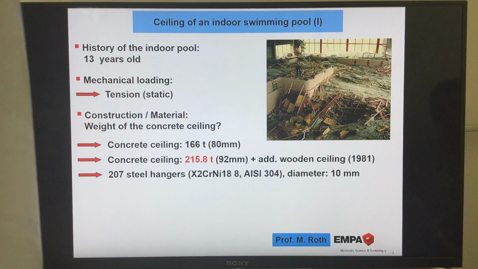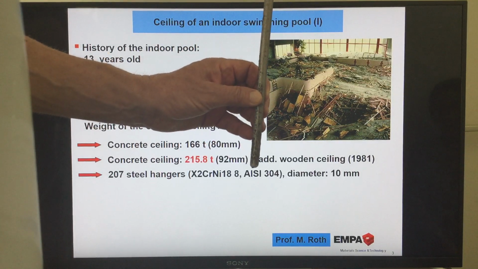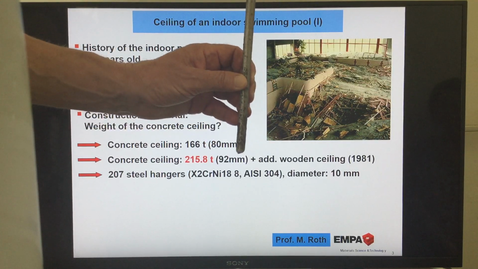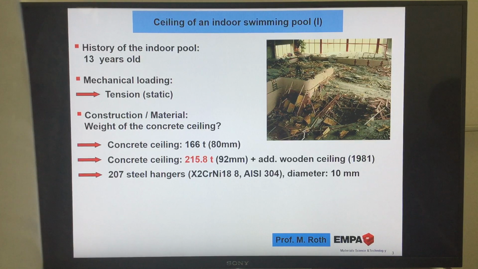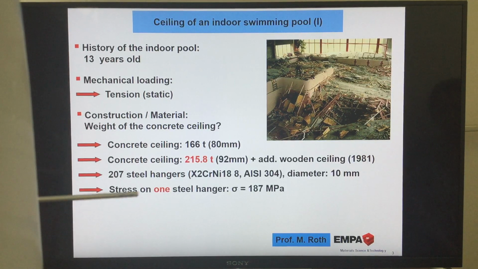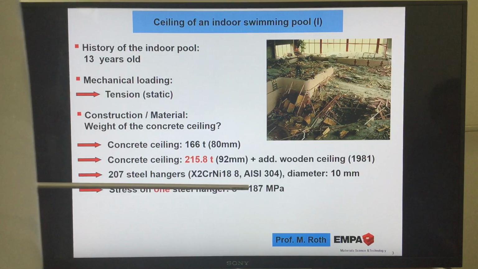Now to calculate again the stress, we need of course a diameter of the steel hanger, and the diameter, you see, it's very small, it's 10 millimeter diameter. Now the calculation of the stress is easy. The stress on one steel hanger, sigma, is 187 megapascal. This value we have to compare now with the stress strain curve of this material.